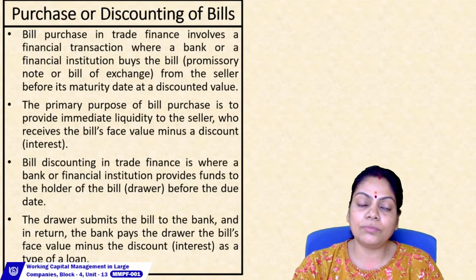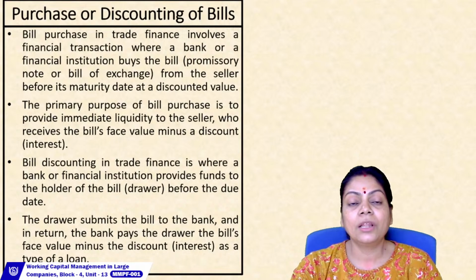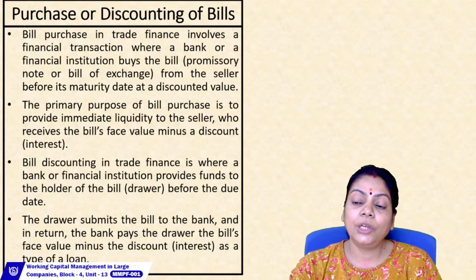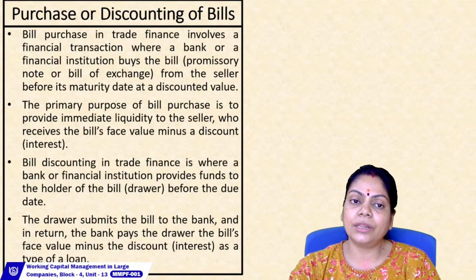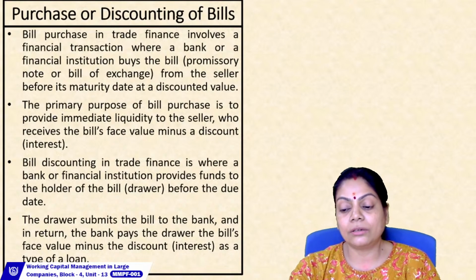Now you see, there are two terms I'm using. One is purchase, the other one is discount. Okay, what happens in a purchase is, you buy the bill from the client.